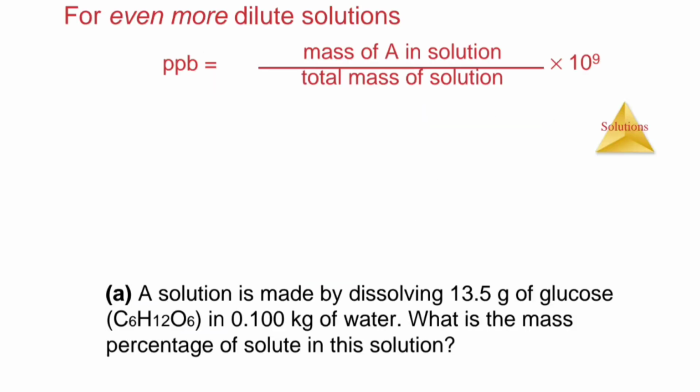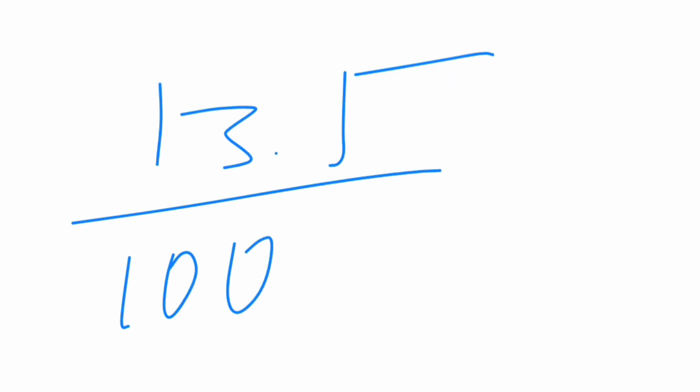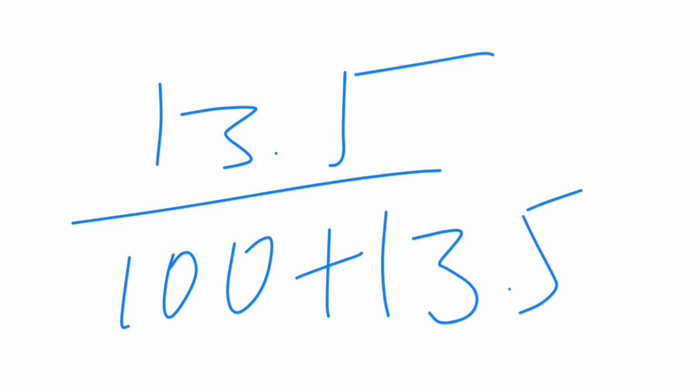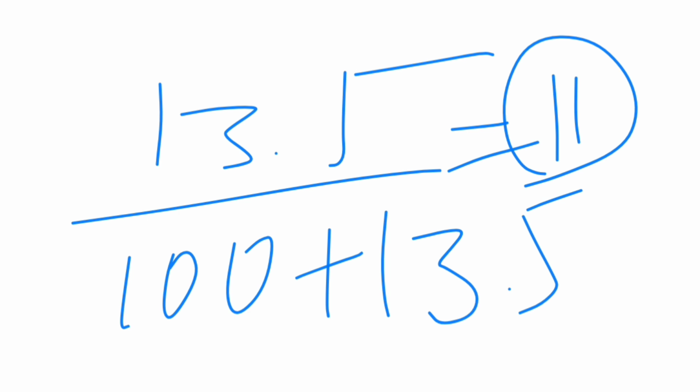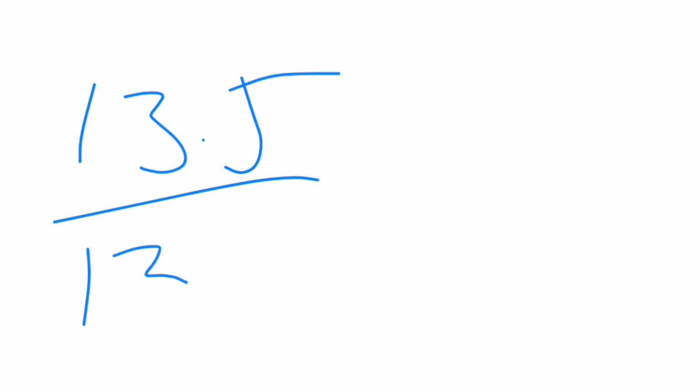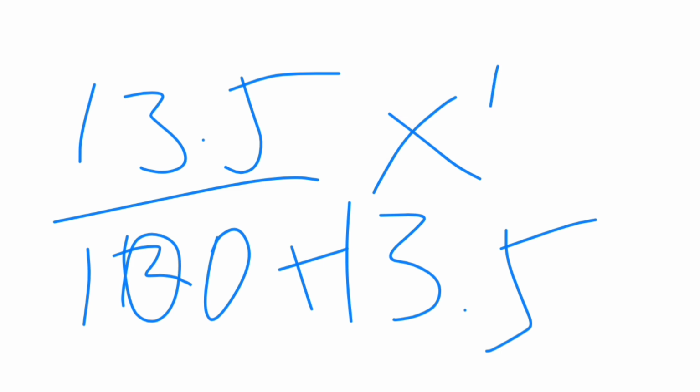You have to find the mass percentage of the solute glucose. It is 13.5 divided by 100 plus 13.5, which comes out to be about 11 to 12. Then multiply it by 100 so you get the percentage.